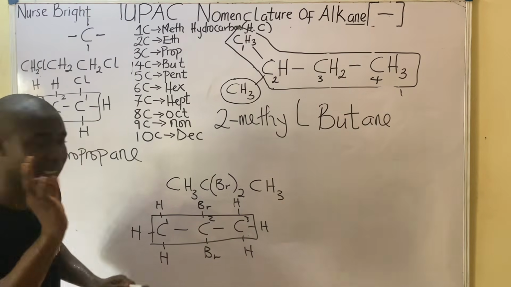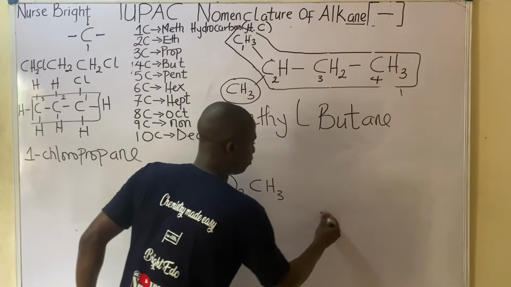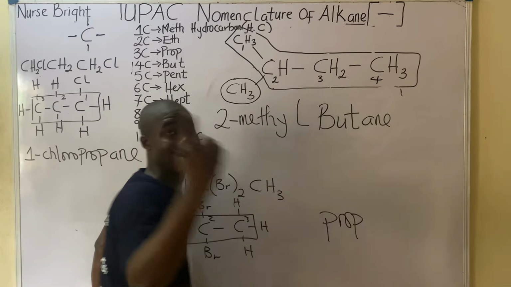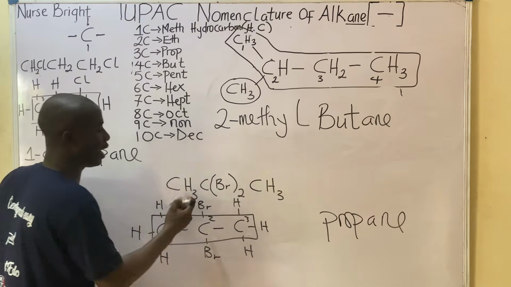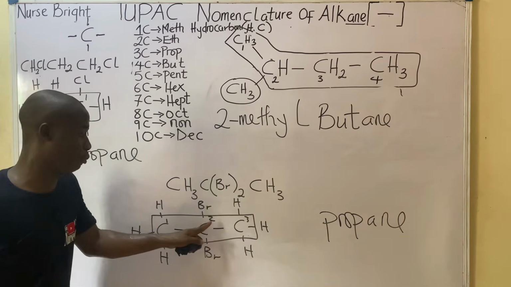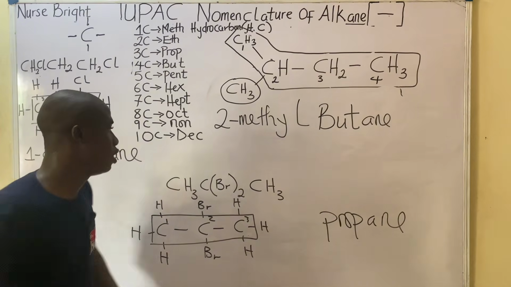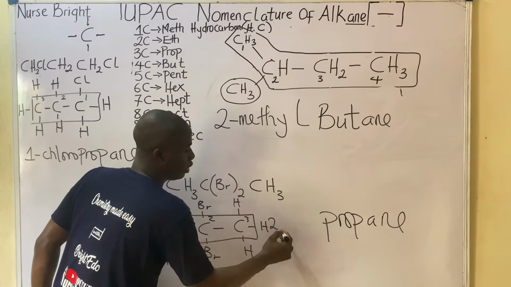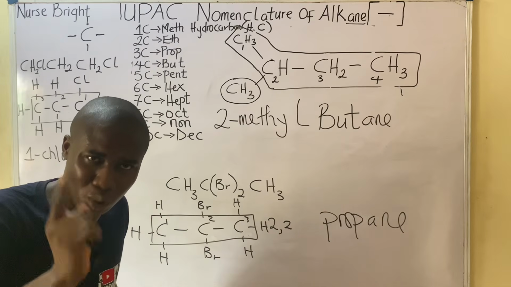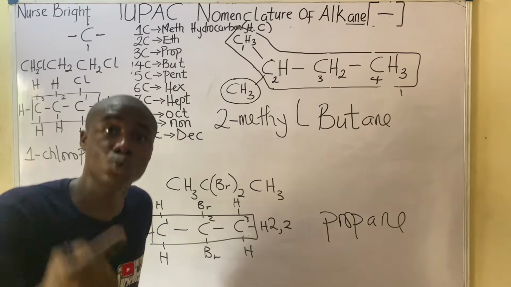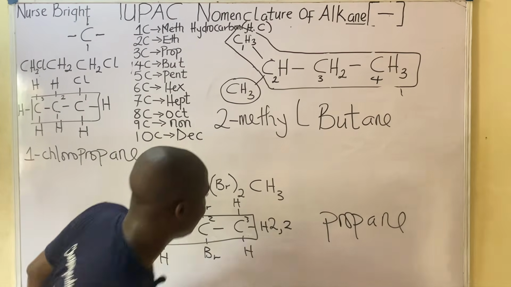So first of all, it is a 3 carbon compound, so it should be called prop. Do you understand? Since it's an alkane, it should be called propane. And now the group here is what? We have bromine at carbon 2. So it's going to be 2, because we have 2 bromine groups at carbon 2. That's why it should be called 2,2. How many of them?